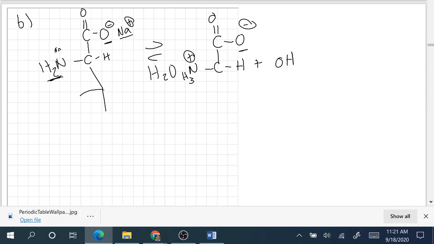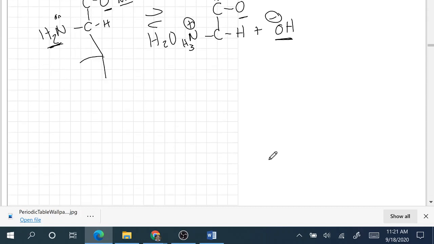So what we're doing is increasing the hydroxide ion concentration. Okay, so we're increasing the basicity, so we need to deal with this like a pKb problem.